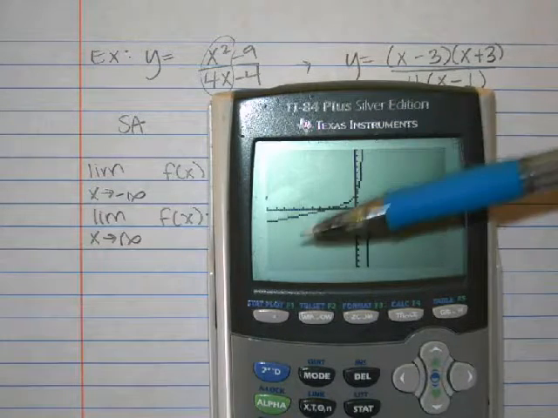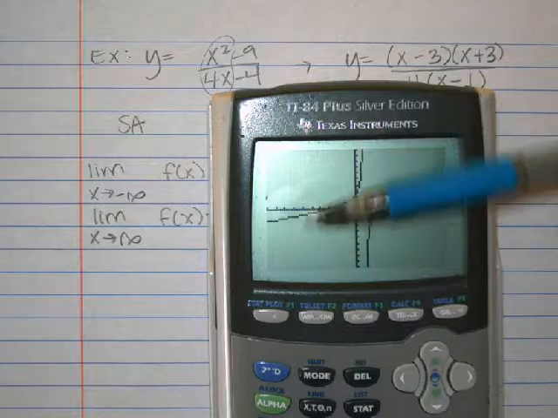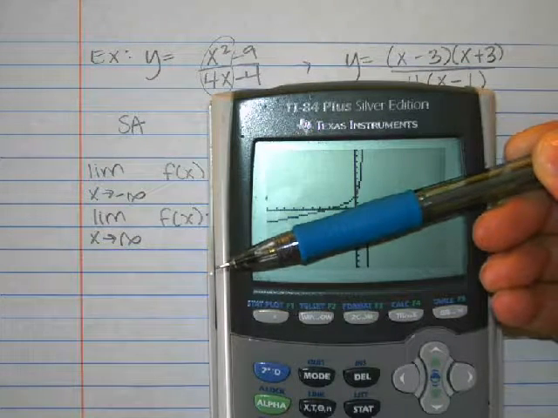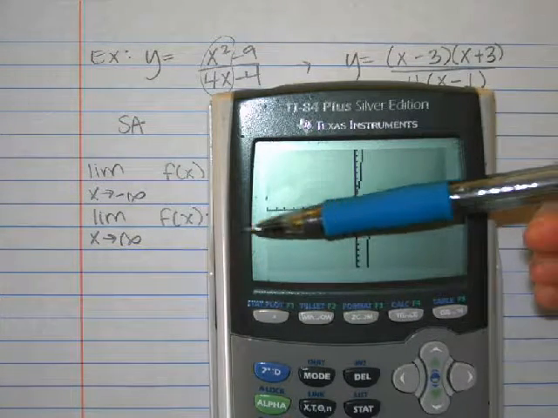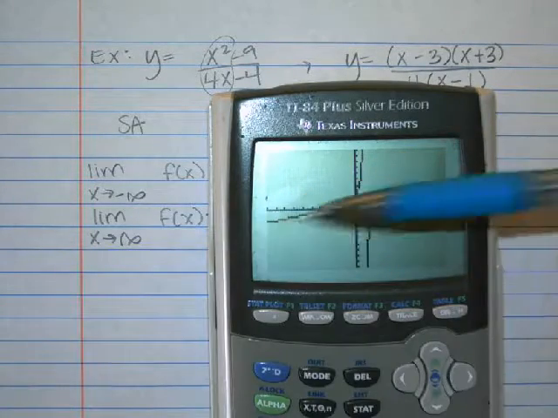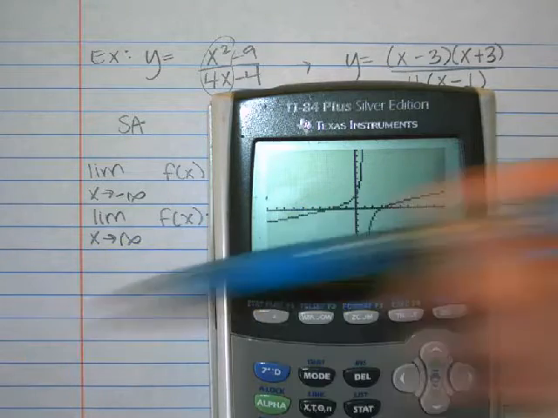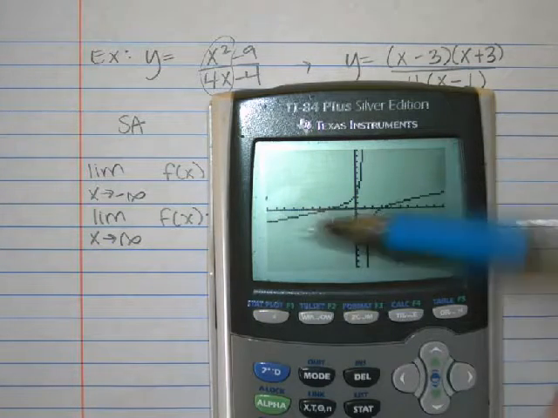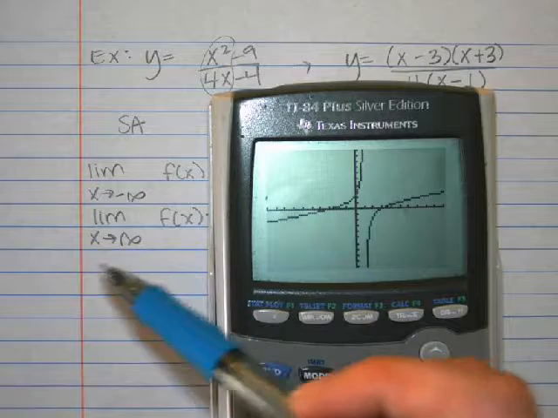If you follow the left side of the graph, you guys see it, we've got our slant asymptote like this. If I follow the slant asymptote, which direction is it taking my pencil? Left, left, and down.